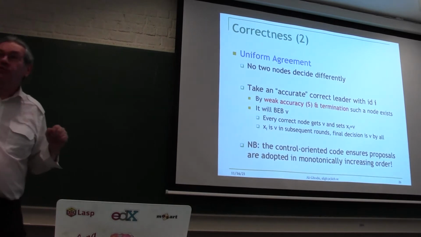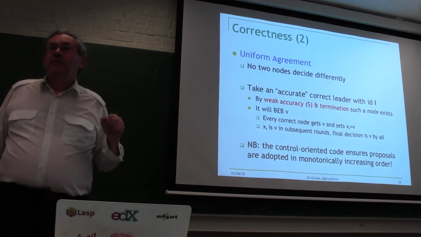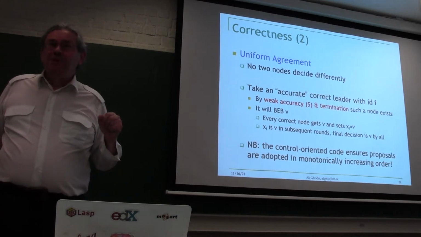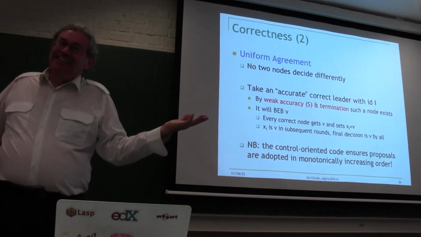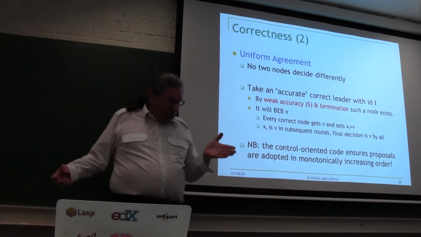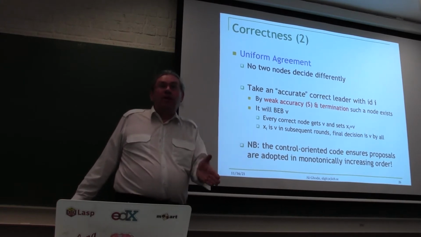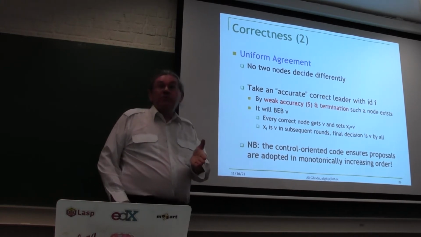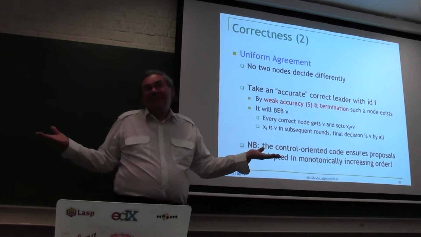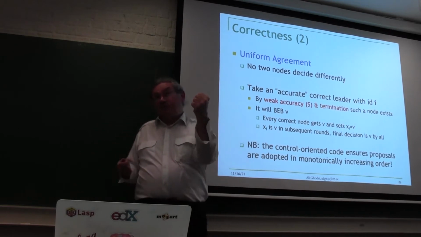Question: what if the special node suddenly crashes? It cannot. There must be one that doesn't. That's S, that's what it means. There must be at least one correct node that you don't make mistakes with respect to. That is the definition of S. So there's this one really special node.